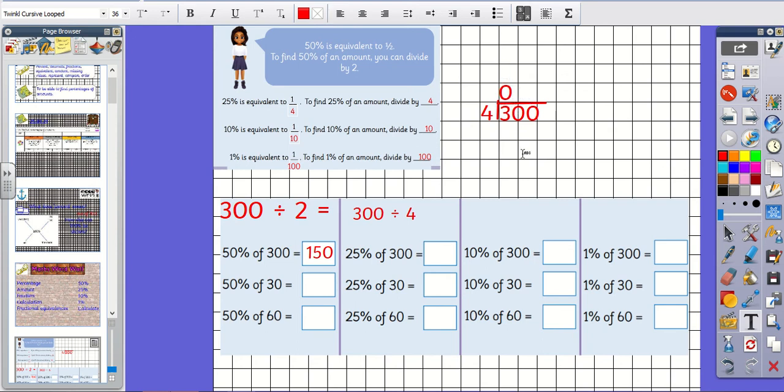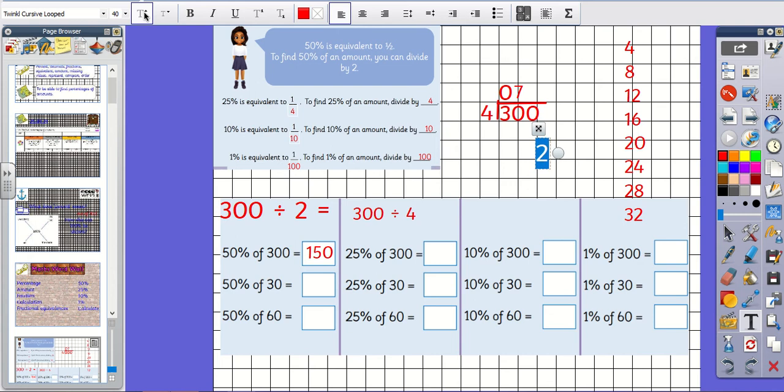We can't forget about that 3 though, so how many 4s go into 30? 4, 8, 12, 16, 20, 24, 28, 32. 32 is too much. So how many times? 1, 2, 3, 4, 5, 6, 7. And then we have got a remainder 2.